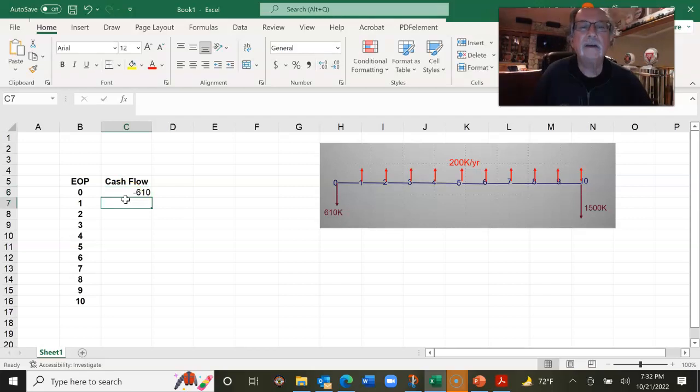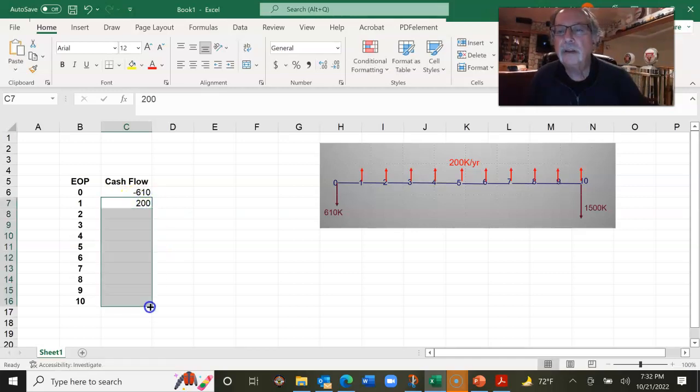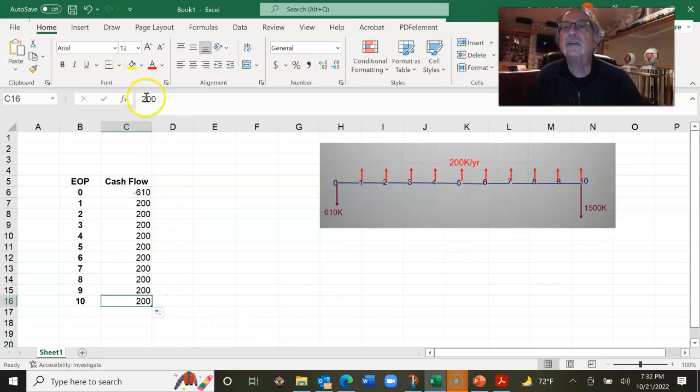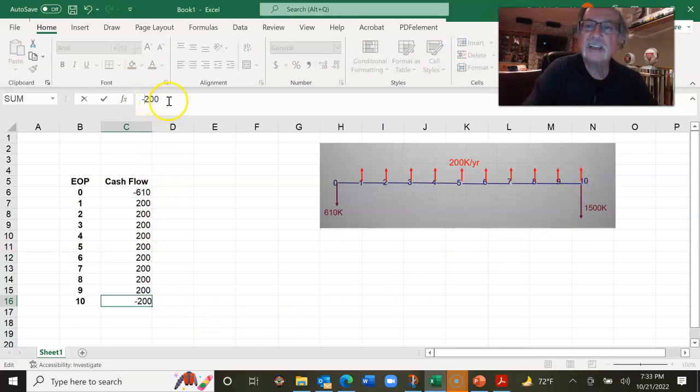And we have ten periods of 200. But in the 10th period, we also have an abandonment expense or a restoration expense of $1.5 million.